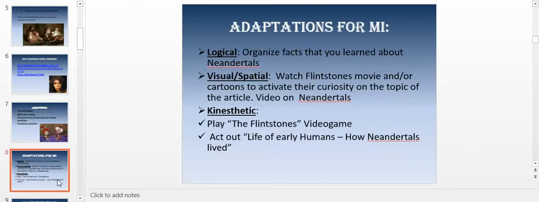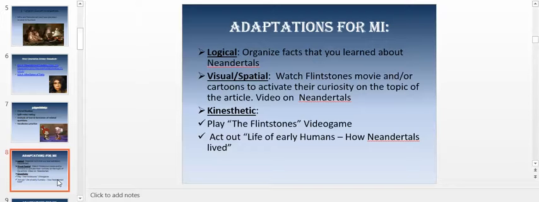So to give you a review of some adaptations for multiple intelligences that have been used, I had students organize the facts that they learned about Neanderthals in kind of like a mathematical or chronological order.